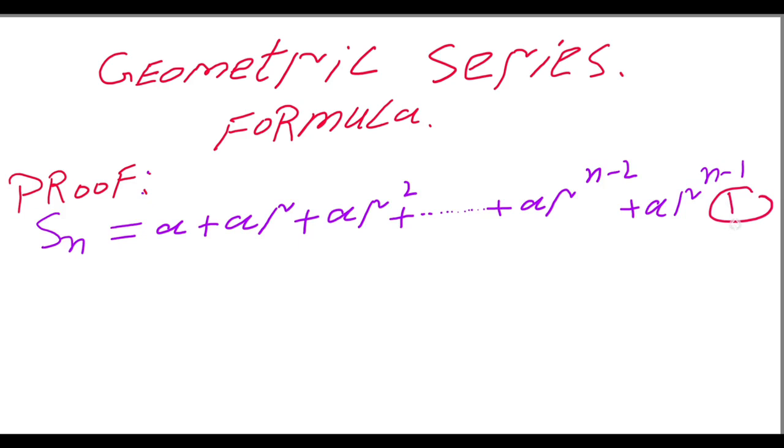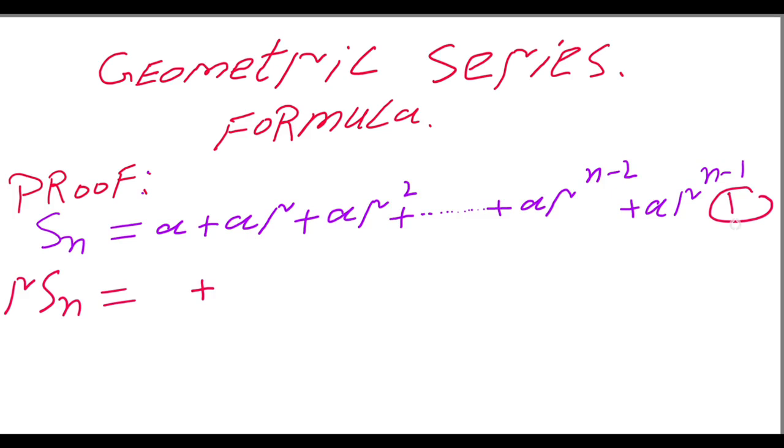Multiply equation 1 by the common ratio. So we're going to multiply by R. So R times Sn is equal to, now you must write one position away from the first term. Why? Because I will give you the reason. So you start from here.